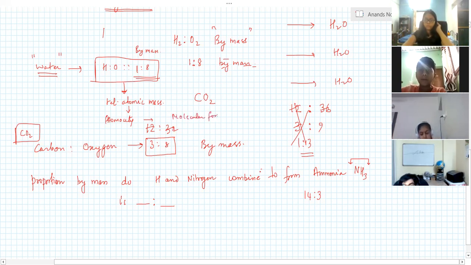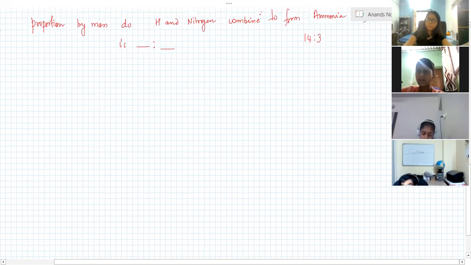So don't worry if you're not able to get the link now, but this particular law, the law of constant proportion, because then they didn't know the formula. They didn't know H2O, the formula for water is H2O. They didn't know that oxygen is 16 and hydrogen atomic mass is 1. This constant composition has helped them in trying to come out with this relative atomic mass scale. That is what I will put next. Relative atomic mass.